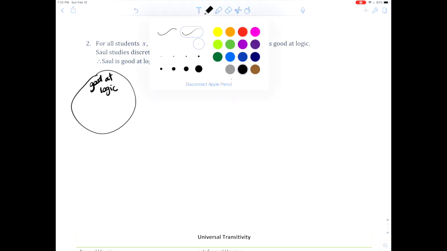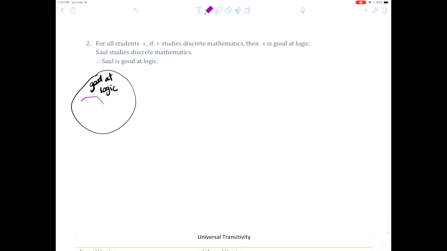Very good. Good at logic. And our smaller circle would be studies discrete math.